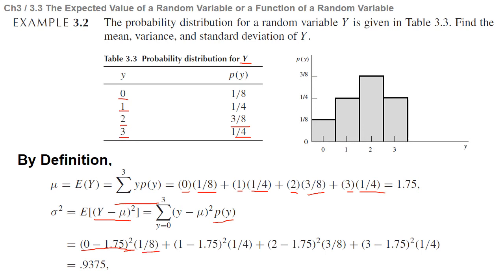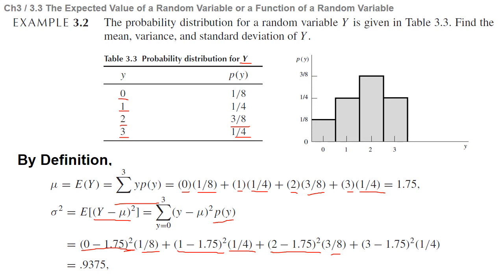For the second term, when y equals 1, (1 minus 1.75) squared times the related probability 1/4, plus when y equals 2, (2 minus 1.75) squared times 3/8, and lastly (3 minus 1.75) squared times the probability 1/4.